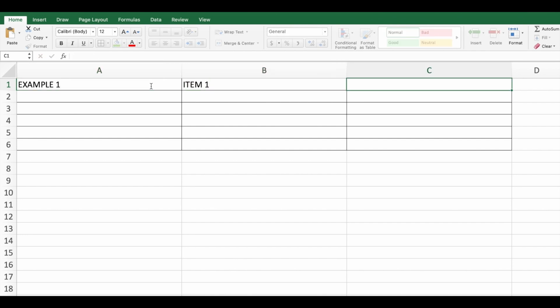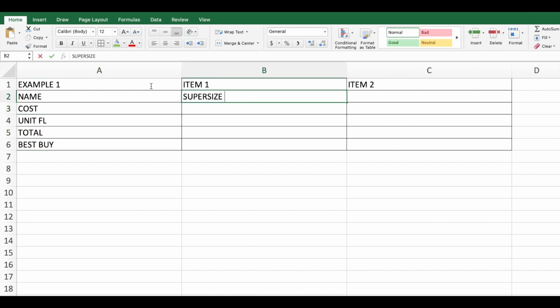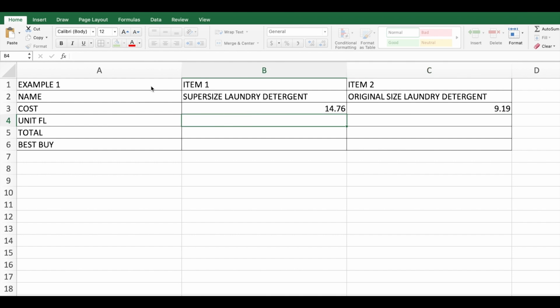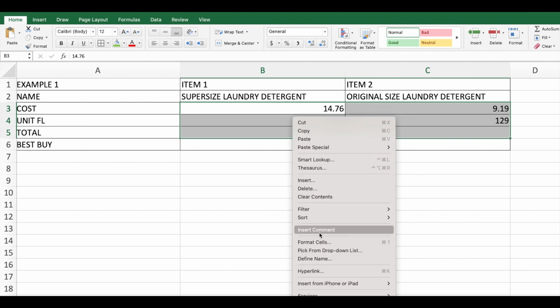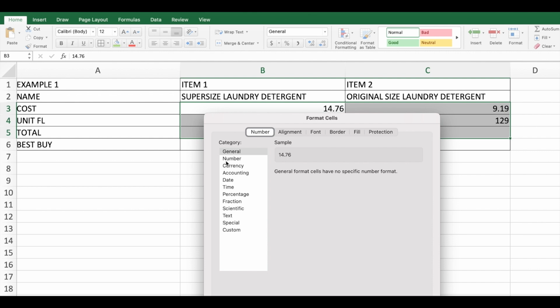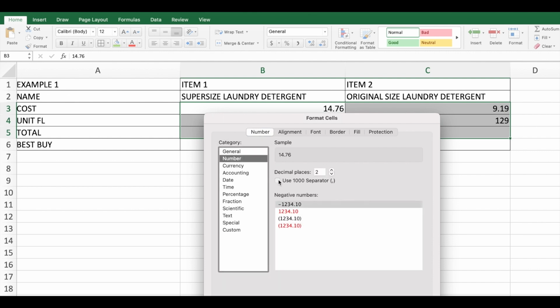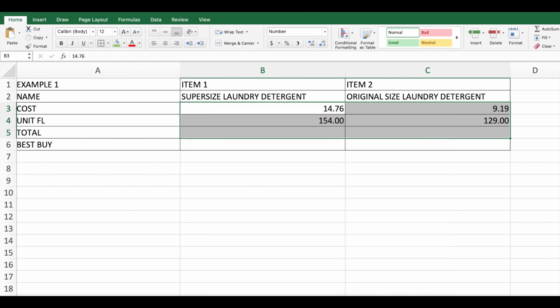Now, let's enter our best buy calculator information, which includes the name of our calculator, labels, the cost of our items, and unit information. Now, let's format our cost, unit, and total cells to 2 decimal places and then center our cells.